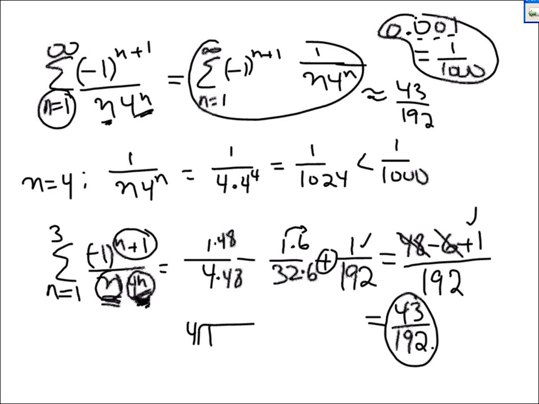The difference between the actual sum and my approximation of the first 3 terms is within 1 thousandth. And if that's an acceptable error, well then fine. You could approximate it that way.